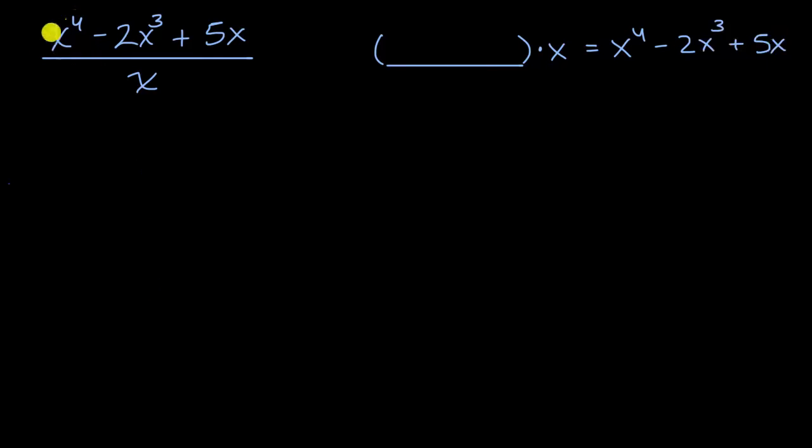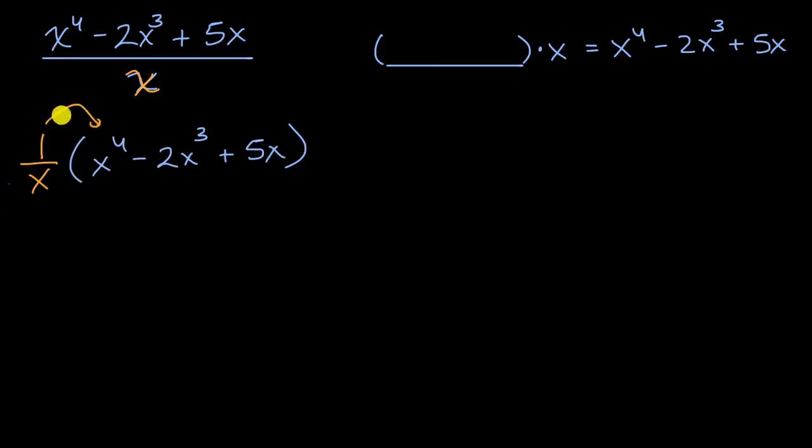One way is I could just rewrite this expression, and I will make this x in yellow so I can keep track of it. I could just rewrite this as 1 over x times x to the fourth minus 2x to the third plus 5x. And then I can distribute the 1 over x. And so what is that going to be equal to?